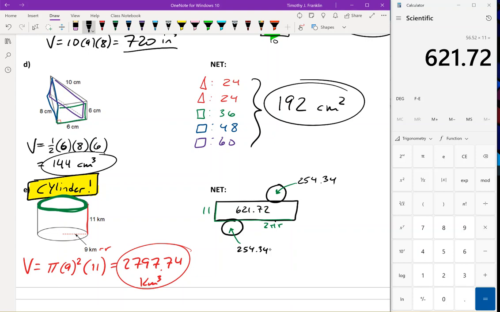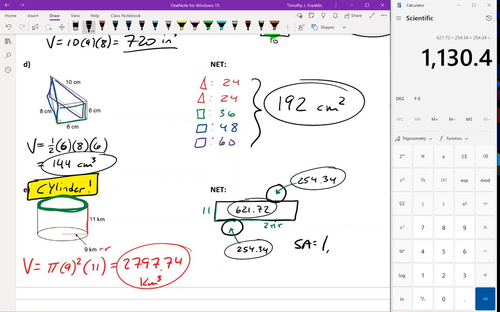Now we can just add these 3 values up for the surface area, which is 1,130.4 kilometers squared.